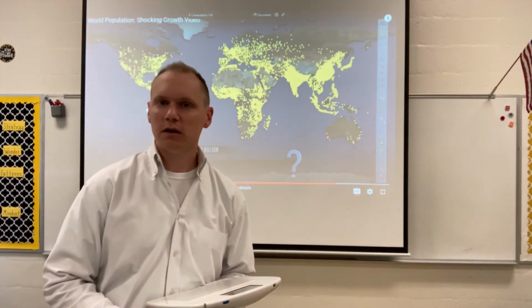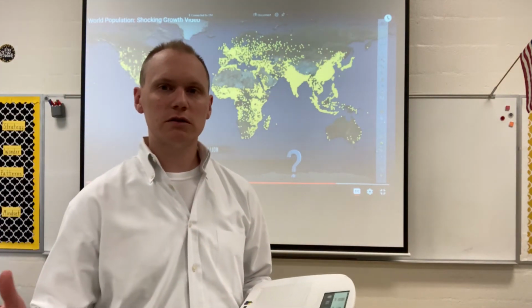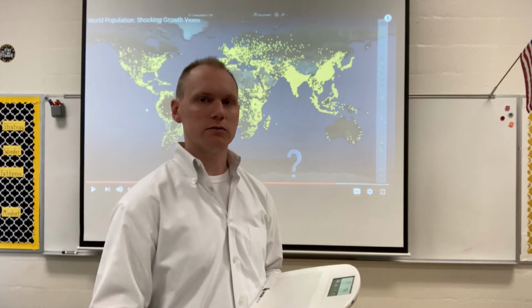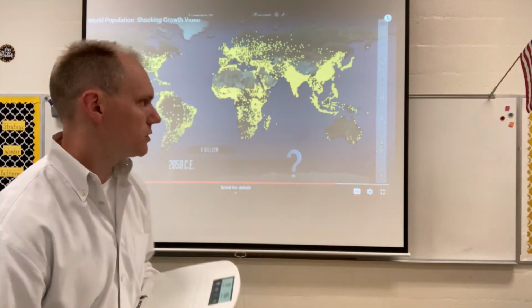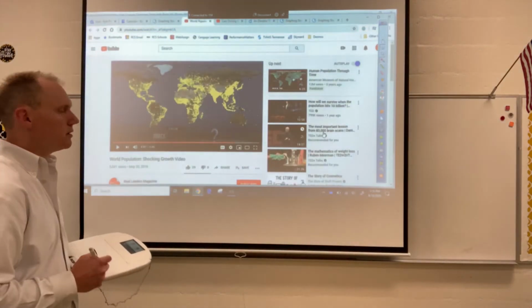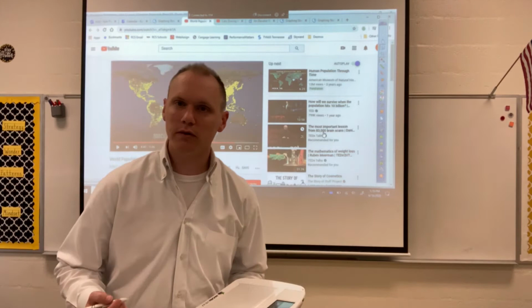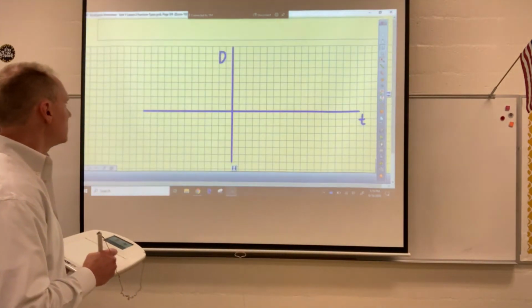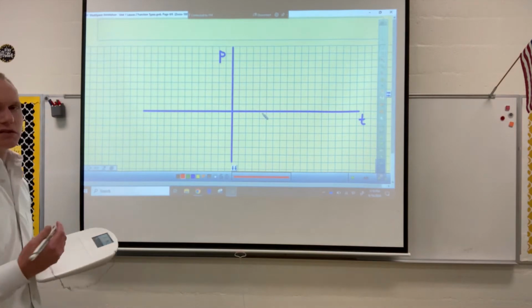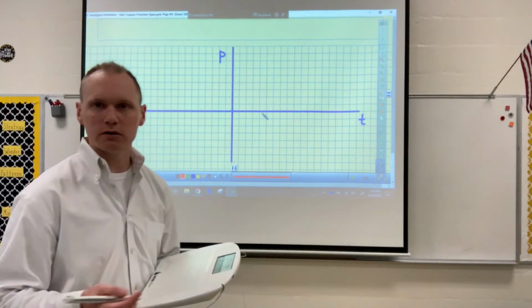But as you noticed, it didn't just continue to increase at the same rate. It got quicker and quicker in terms of how quickly the population was increasing. So you may have seen already in your mathematical career what the graph might look like here, but let's take a look. So we have population with respect to time since the 1400s that we started with.